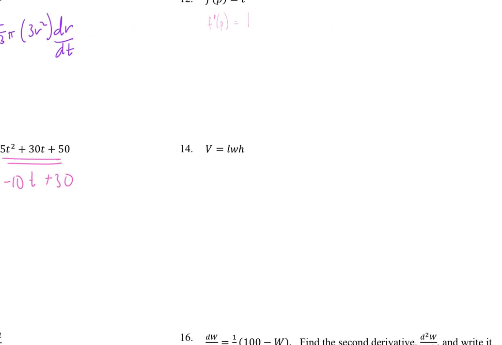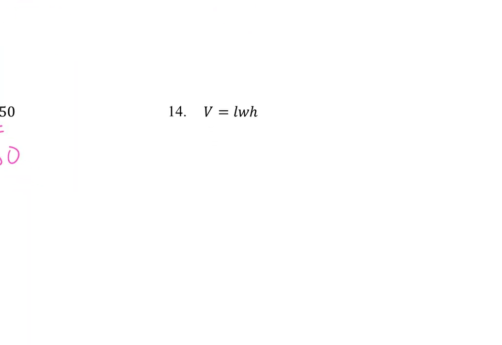This is a good problem. On 14, you're going to want to make a decision on what's going to be your first and what's going to be your second. So I'm going to put some parentheses in here. This is going to be my first. Here we go. The derivative of v with respect to t. Now I'm going to do the product rule, but there may also be some chain in there.